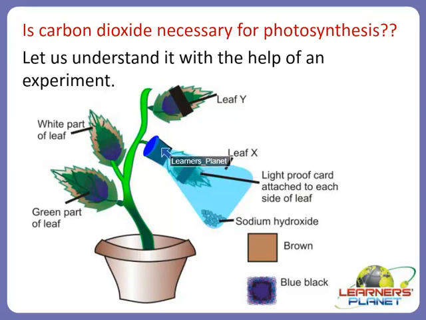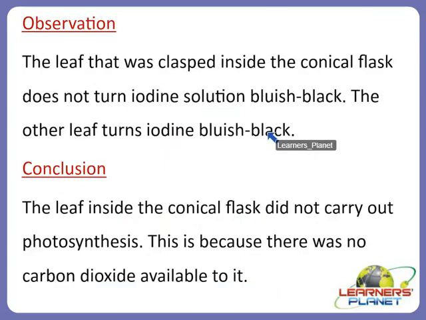And then we will place one of the leaves, without breaking it from the plant, inside the flask, and we will cork it. Now when we cork it, what will happen? There will be no exchange of gases. And now we will keep the entire arrangement out in the sunlight. After a few hours we will test the leaf inside the conical flask, and we will also test any other leaf of the plant for starch using the iodine solution.